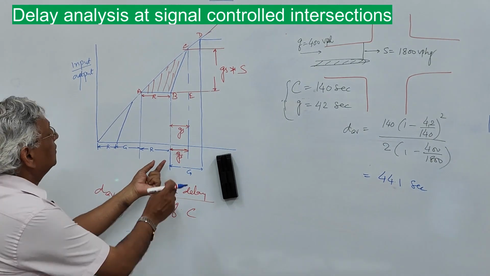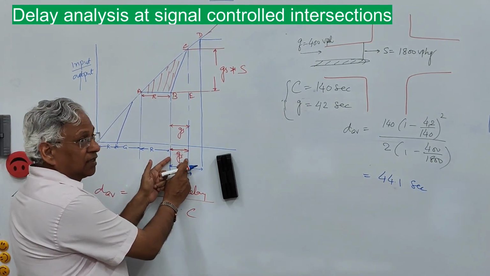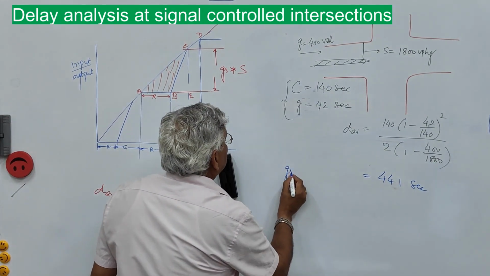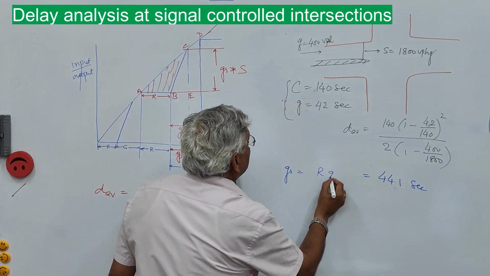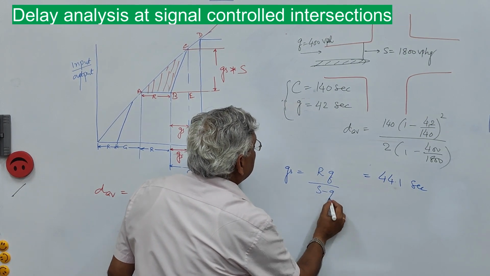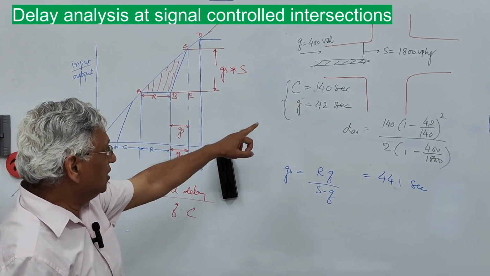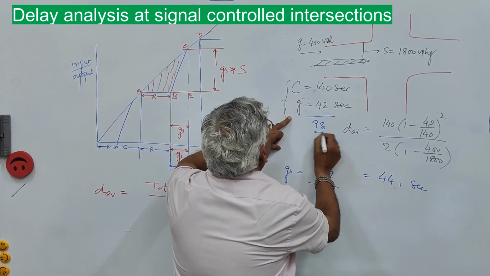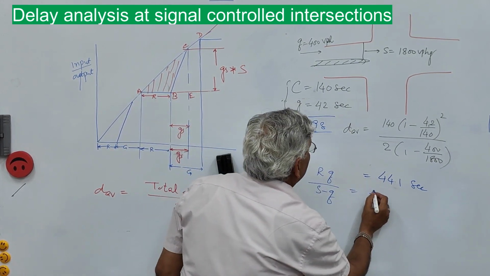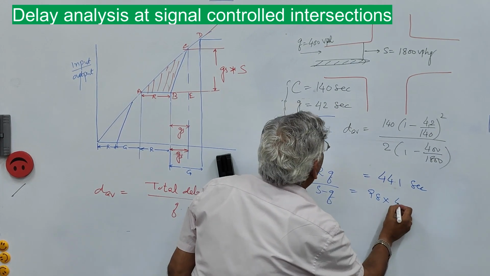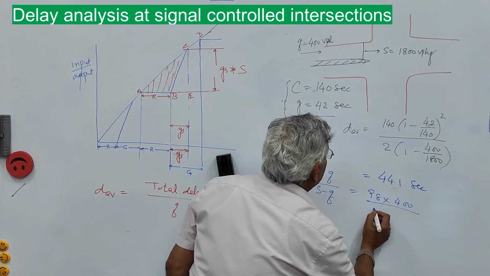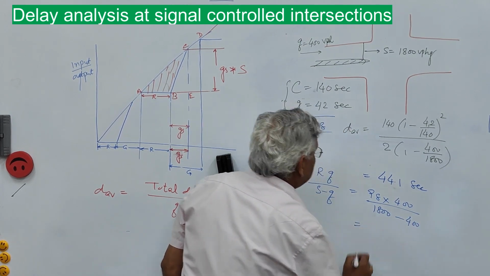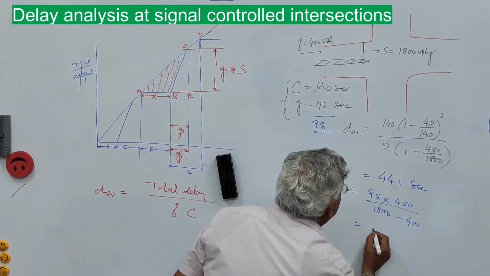Now, how much time does this green phase remain saturated? GS, if you remember, is R into Q upon (S minus Q). R is C minus G, that is 98 seconds. So this is 98 multiplied by 400 upon (1800 minus 400), and this is 28 seconds.